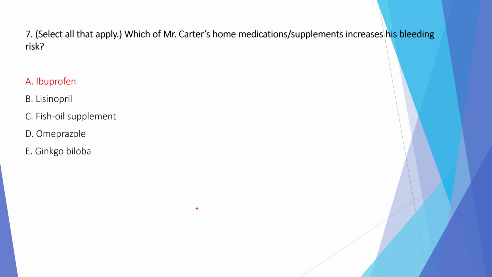In other videos I talked about ibuprofen, that you need to be considerate about ibuprofen for patients. But personally, ibuprofen is better for my body than acetaminophen. Let's see, lisinopril, no. Fish oil, yes.